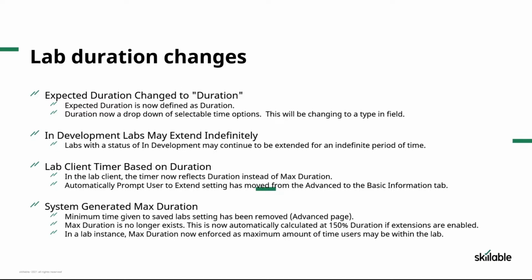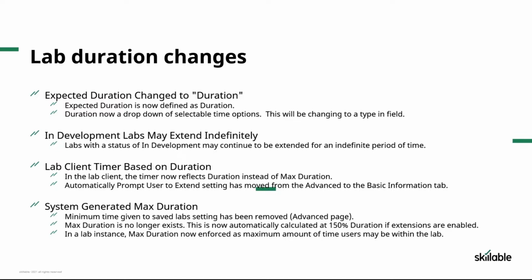We knew the bug was always there: you could run a lab for as long as you ever wanted. There were effectively no limits on the ability to extend a lab, even though our documentation told you there were. We never actually enforced it. So the first part was to fix the bug.